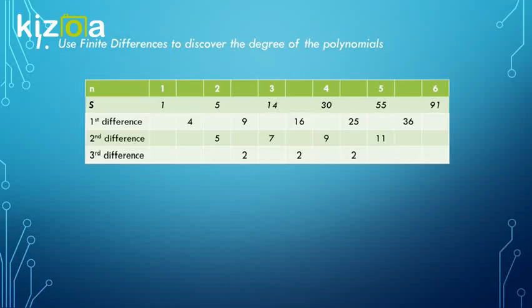Firstly, we use finite differences to discover the degree of the polynomial. As you can see here, we have a table with n equaling the number of squares per side, and s equaling how many squares there are in the checkerboard. We use the differences, like 91 minus 55, 55 minus 30, etc. And we do the same thing over and over until we finally get our repeating integer in the third difference.